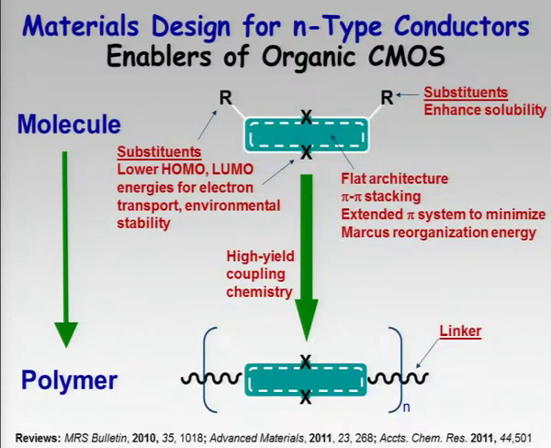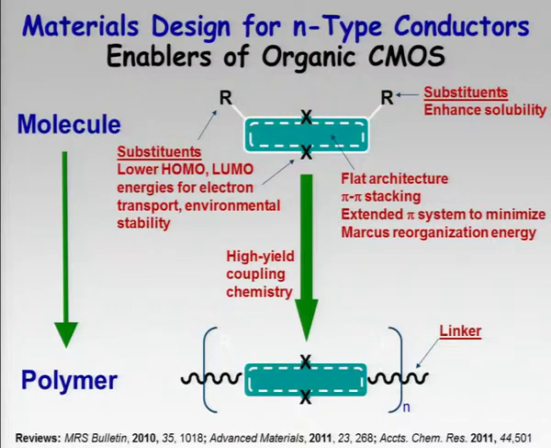The basic design principle for making organic N-type conductors, and we want those which are processable, printable, air stable, environmentally stable, moisture stable, is to design building blocks where we drop the energies of the LUMOs so that the electrons which are going to be transported are low enough in energy that they don't react with oxygen.